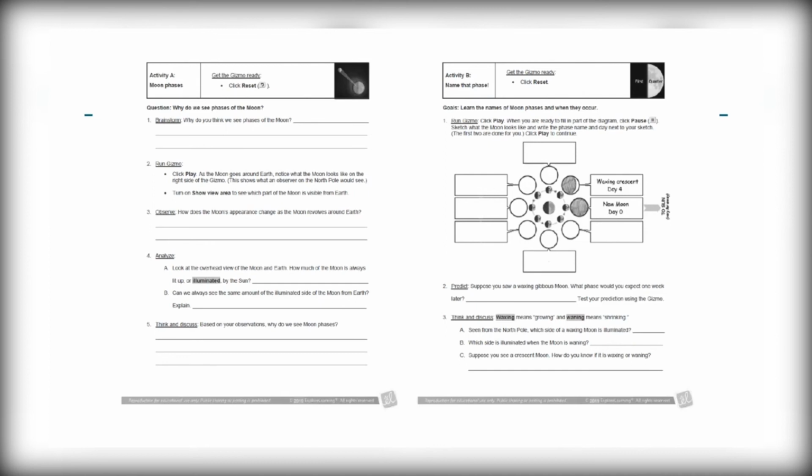Launch the gizmo. Once you launch the gizmo, it will help you to be able to answer the questions. Please make sure you write in complete sentences. Writing in complete sentences, especially when you're using your own sheet of paper, will allow you to reference the information later in the lesson as you complete your flipbook.